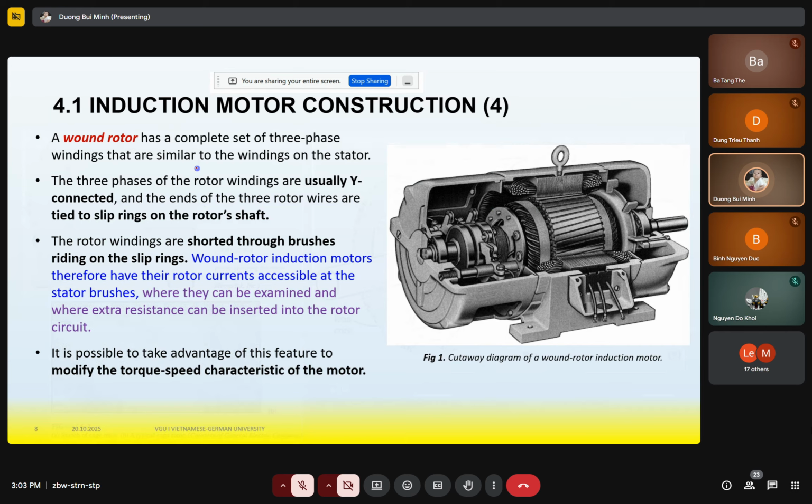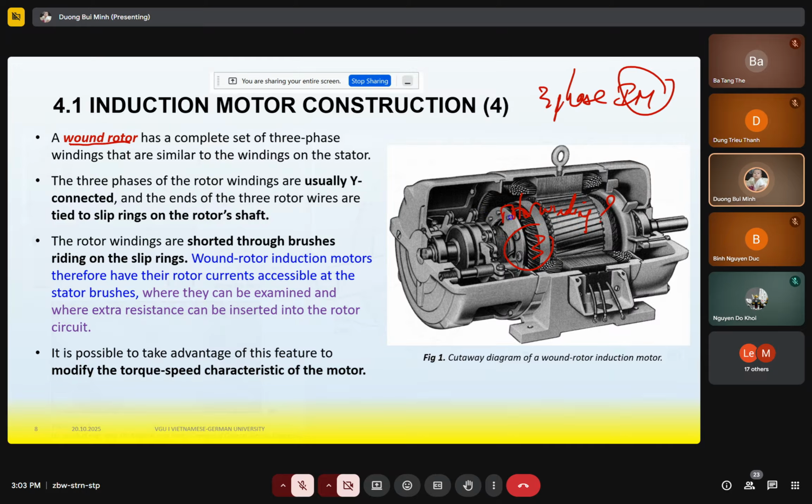Now we have the wound rotor. This is the winding. How many rotor windings? Three, because we have three-phase induction motors. So we have three windings, and of course one winding has many coils, and one coil has many turns. How can we make the closed circuit at the rotor side?